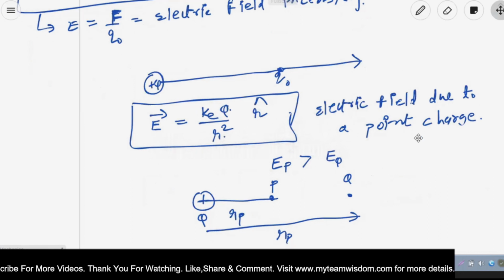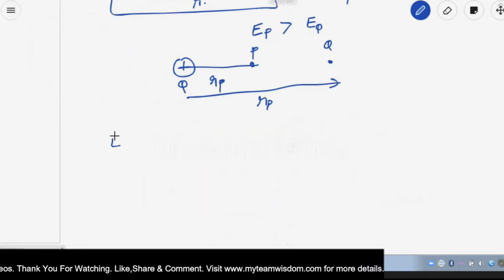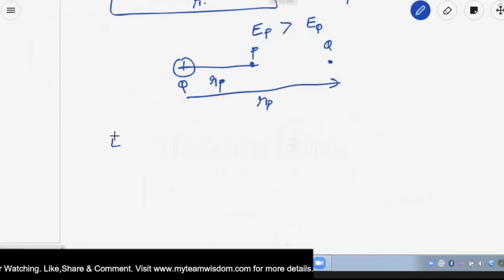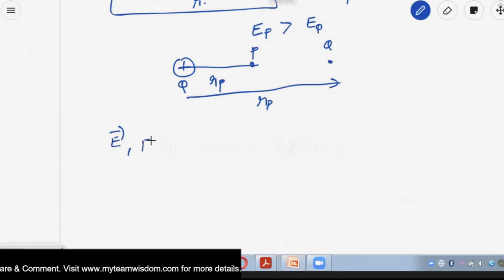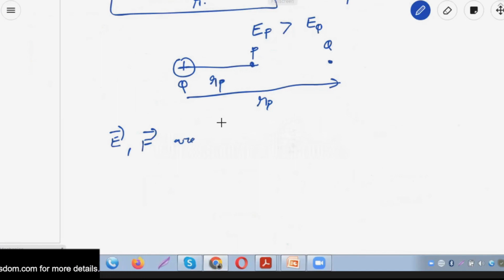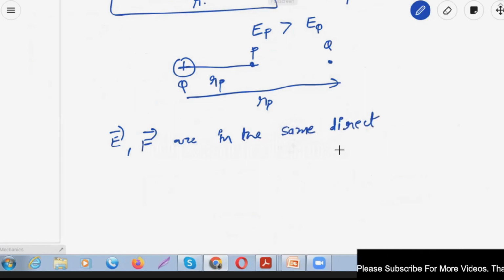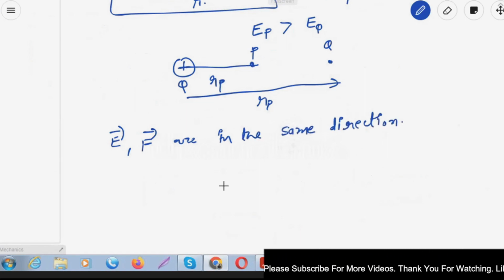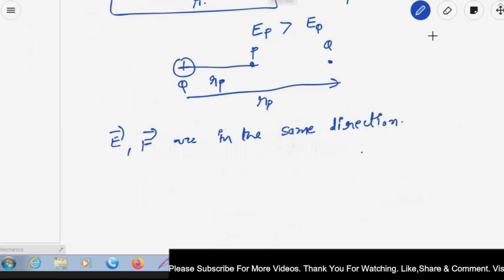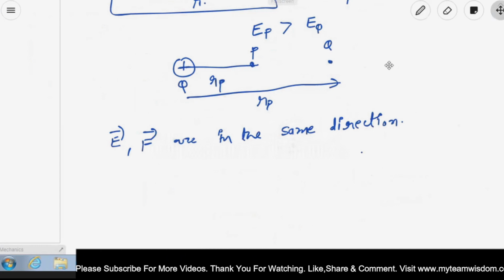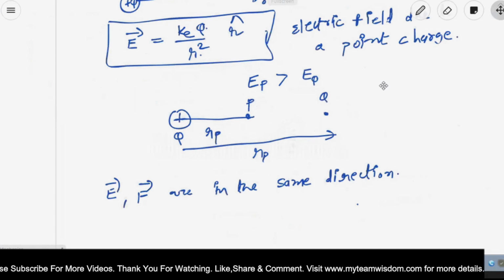Because F bar and E bar are in the same direction. Whatever the F bar direction is, you will have the same direction for E bar. Did you understand my point? Yes, sir.